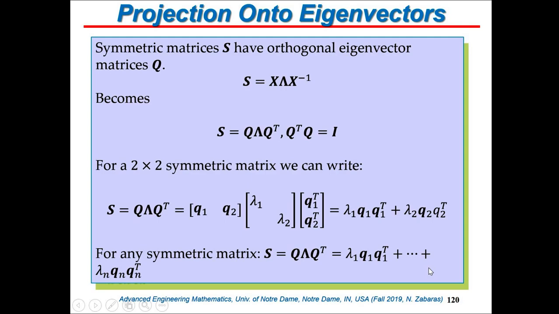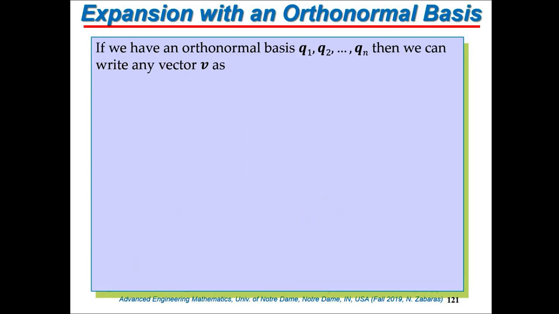Now, if you have an n by n matrix and you compute its eigenvectors, obviously they form a basis that you can use to express any vector in that space. So if I have any vector v, I can write it in terms of the eigenvectors as you see here.